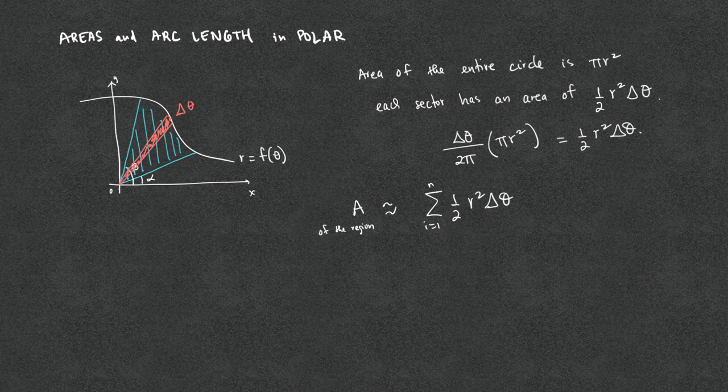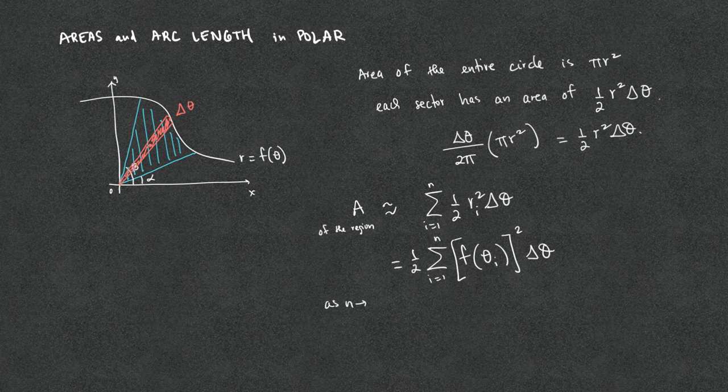Note that this r depends on the specific interval, so it is r_i. But r is expressed in terms of f of theta, so the area is the sum as i goes from 1 to n of 1/2 f of theta_i squared delta theta.